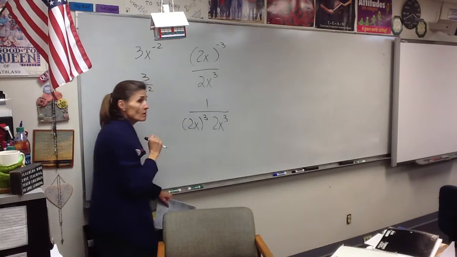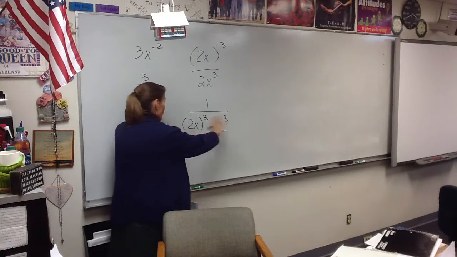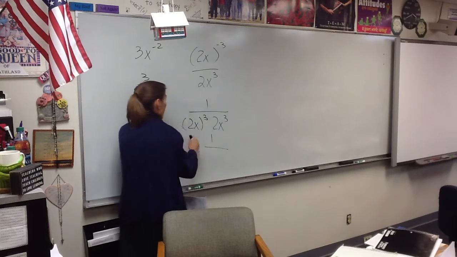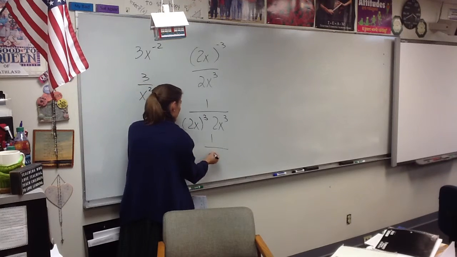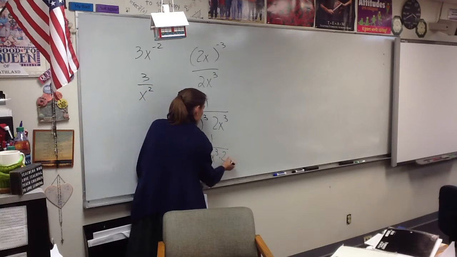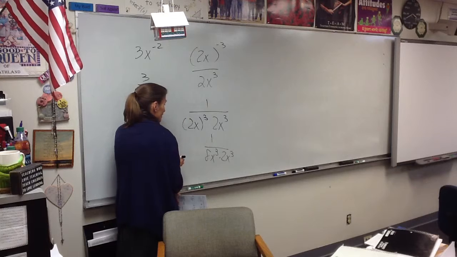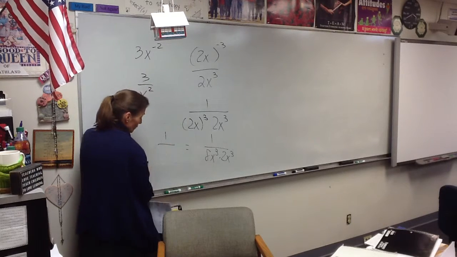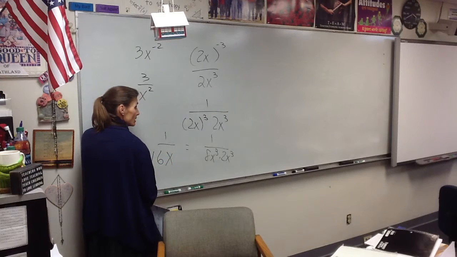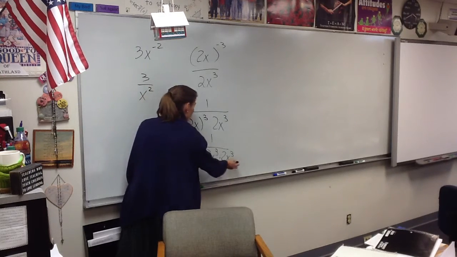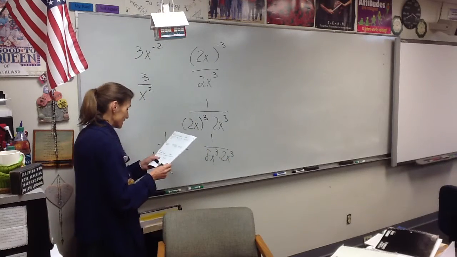So there is nothing on the top, and you have all this stuff on the bottom. Now what is 2x, the quantity, cubed? 8x to the third. So we end up with 1 over 16x to the 6. Count them up: 1, 2, 3, 1, 2, 3. That's a total of 6 x's.